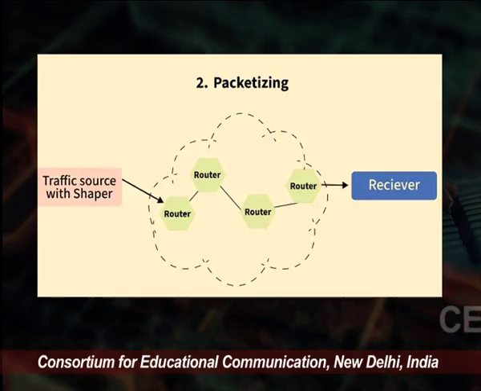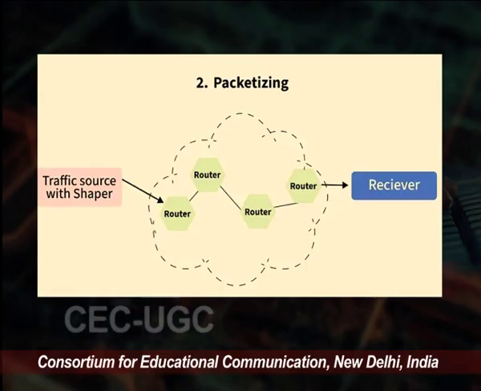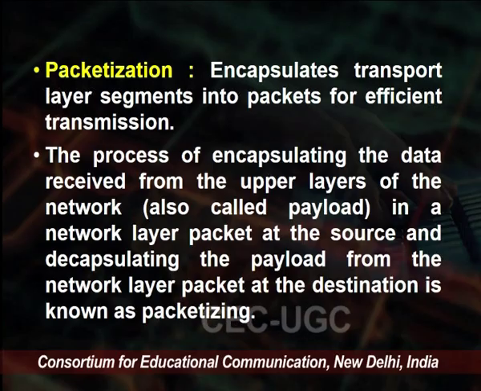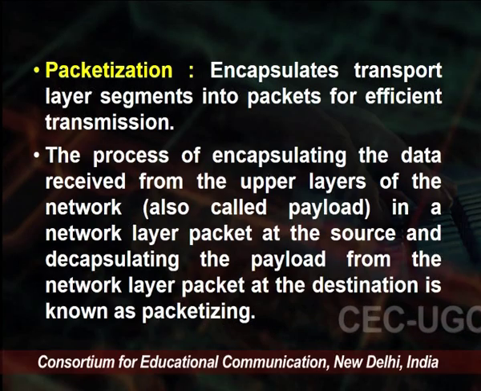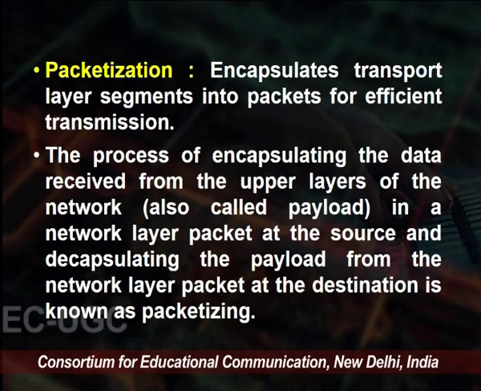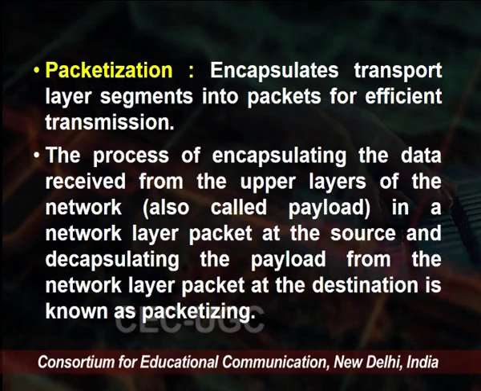Keeping this figure in mind, let us understand what we mean by packetizing. Packetizing basically encapsulates the transport layer segments into packets, and this is essentially done for efficient transmission. Basically, it is encapsulating the data received from the upper layers of the network.